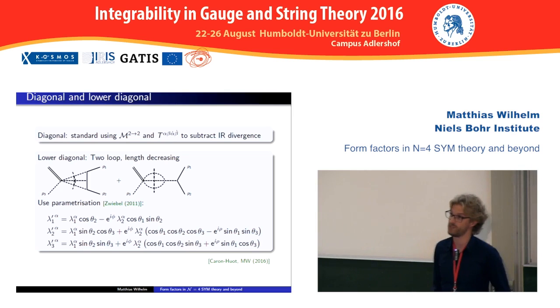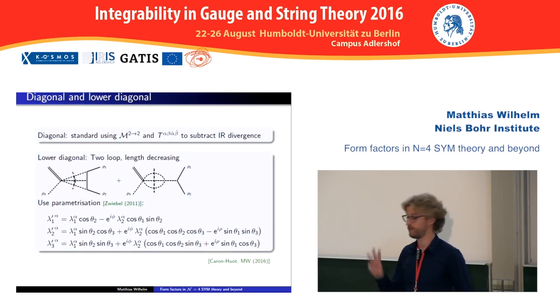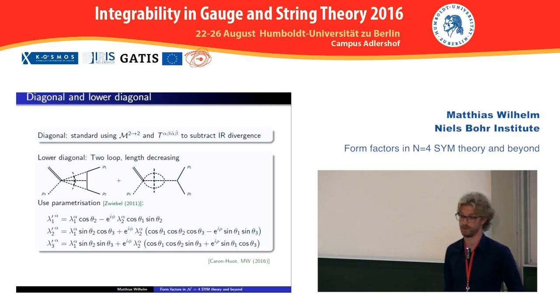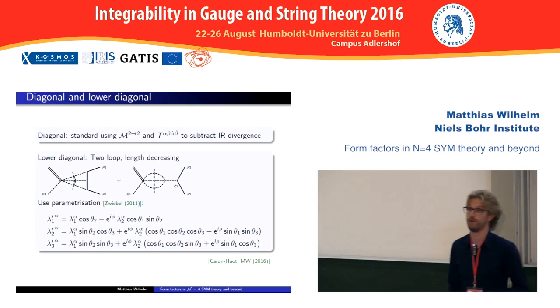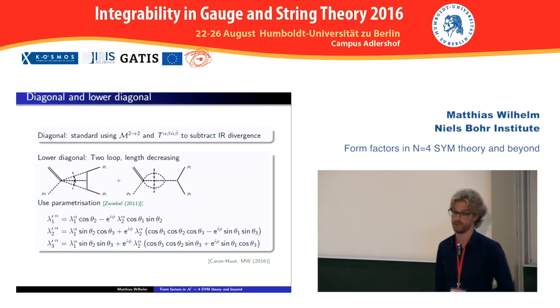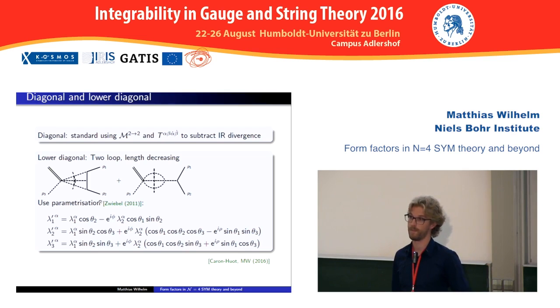The first non-vanishing contribution is at two loop order and given by the 3-to-2 scattering amplitude at tree level. It can be written as a cut of these two Feynman integrals, and we can parameterize the occurring 3-particle phase space in the 2-particle channel using this parameterization, which was also given in Zwiebel's work.